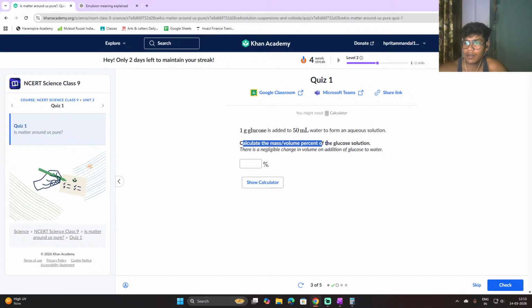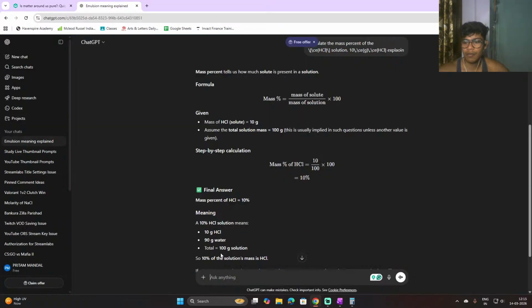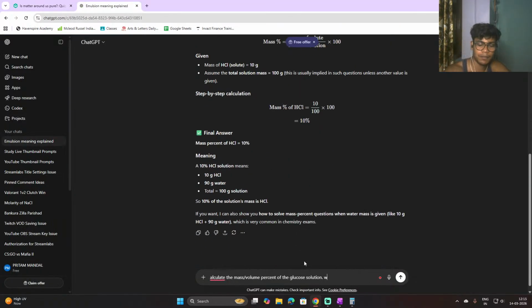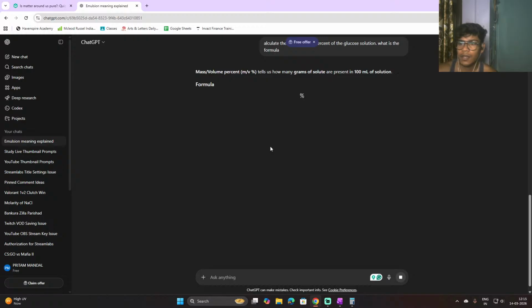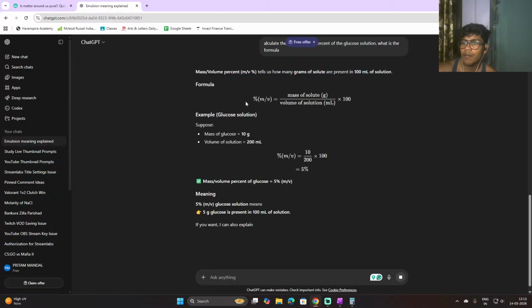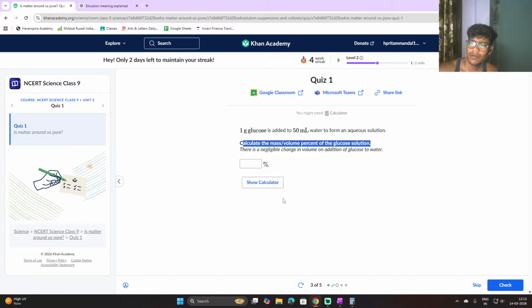So what is the formula here? Mass by volume percent equals mass of solute by volume of solution into 100. Same formula, bro. Mass percent and mass by volume percent, same formula, no changes.